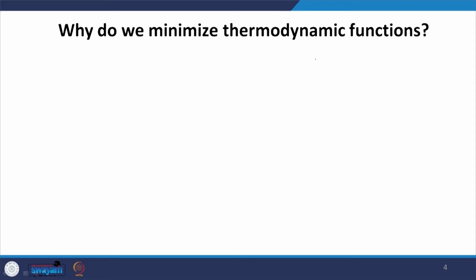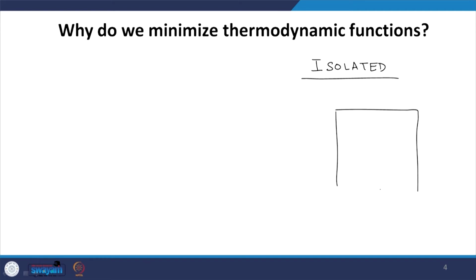So, let us say for example, I am looking at a system that is isolated. And what do we call an isolated system? The one where the system and the surrounding do not exchange mass or energy.